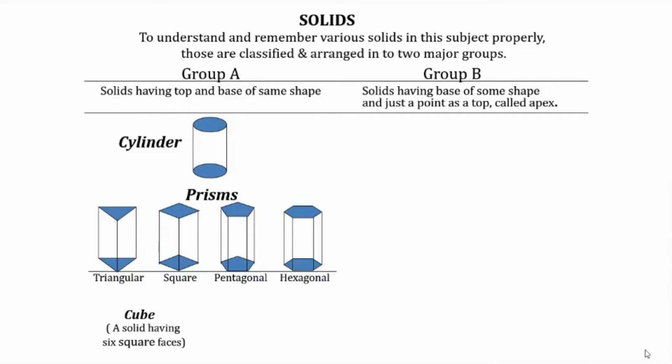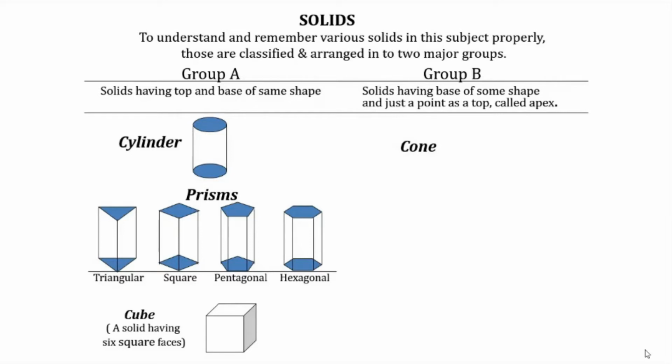In a square prism, 2 opposite faces, the top and base, are squares, and the other 4 faces are rectangles. But in a cube, all 6 faces are squares.